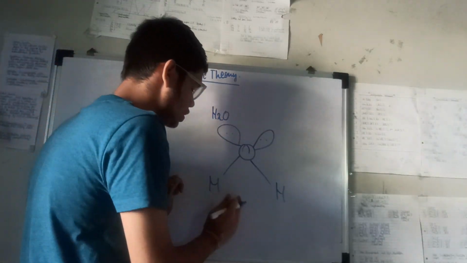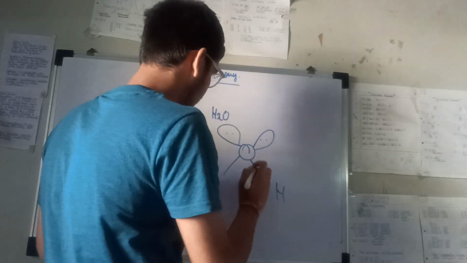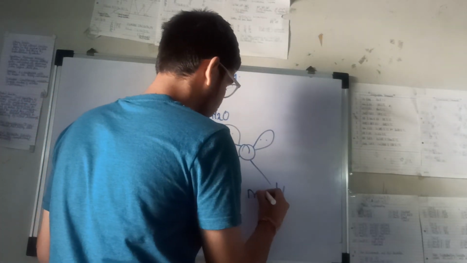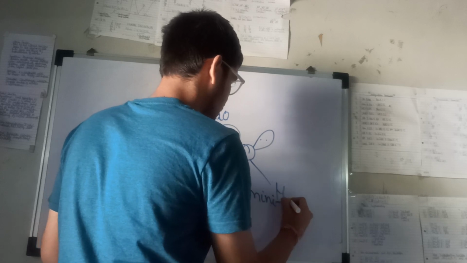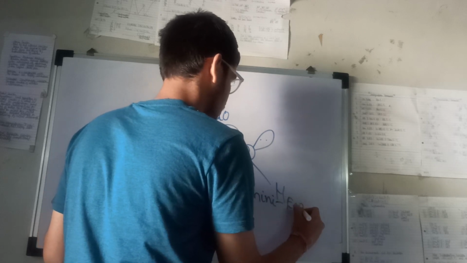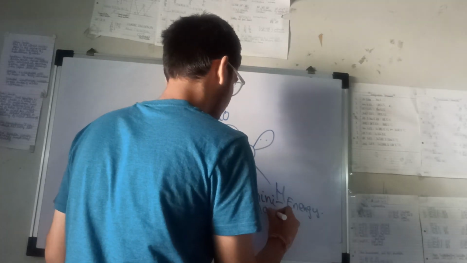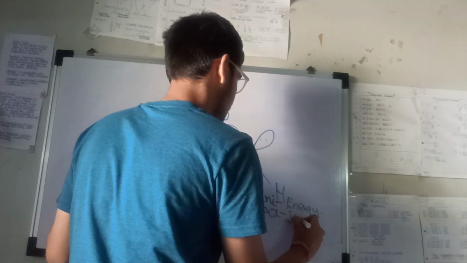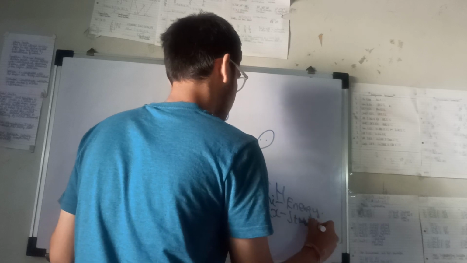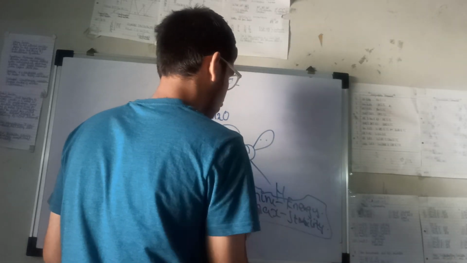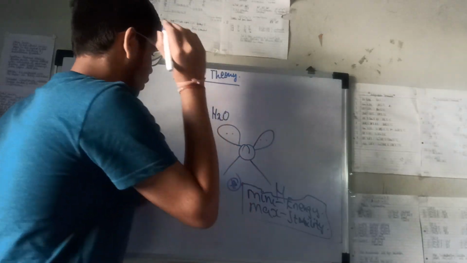In such a way they are arranging themselves so that they get minimum energy and maximum stability. That way they are arranging each other. That's all the fourth point is telling us. The second, third and fourth points are interrelated to one another.